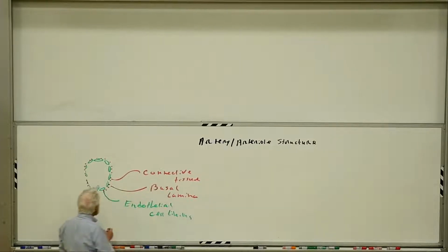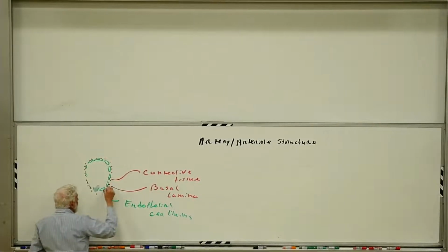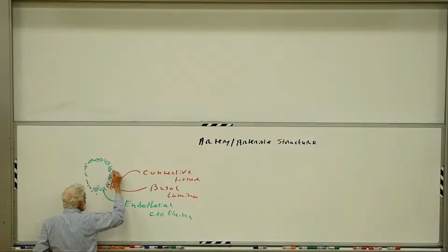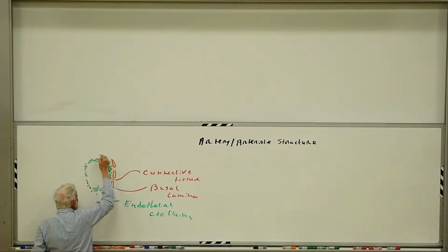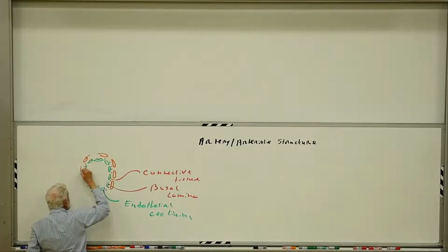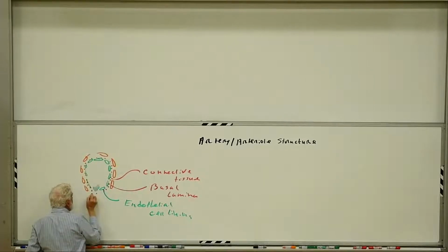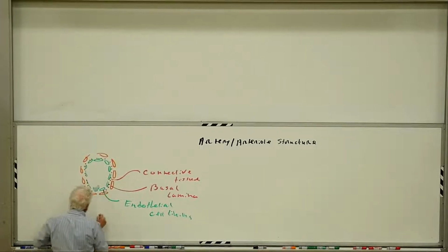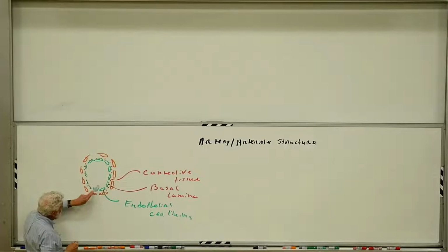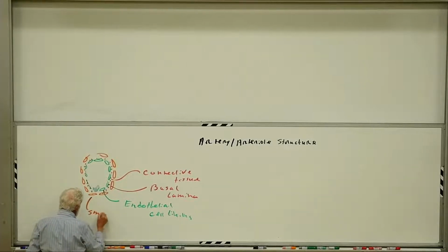And then outside of that connective tissue layer, we'll see that there are these smooth muscle cells. So the sequence is the endothelial cells to the basal lamina to a connective tissue layer, and the connective tissue layer then is attached to smooth muscle. So this is smooth muscle.